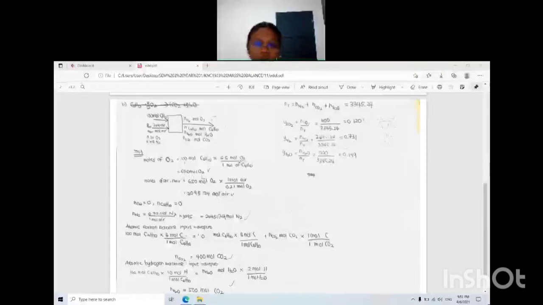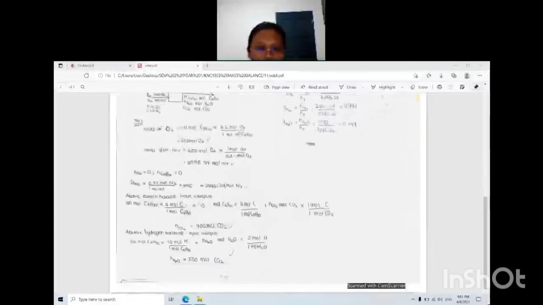For moles of air, number of mole of air is equal to 650 mole of oxygen times 1 mole of air over 0.21 mole of oxygen. Then we get 3095.24 mole of air.